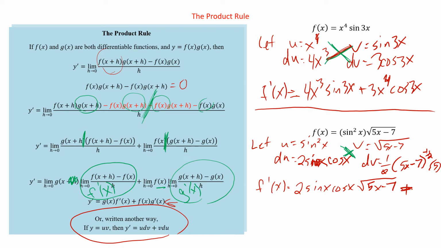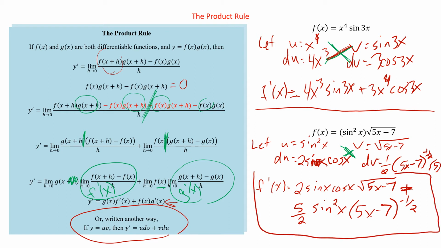So plus, let's go 5/2 sine squared x times 5x minus 7 to the negative 1/2.